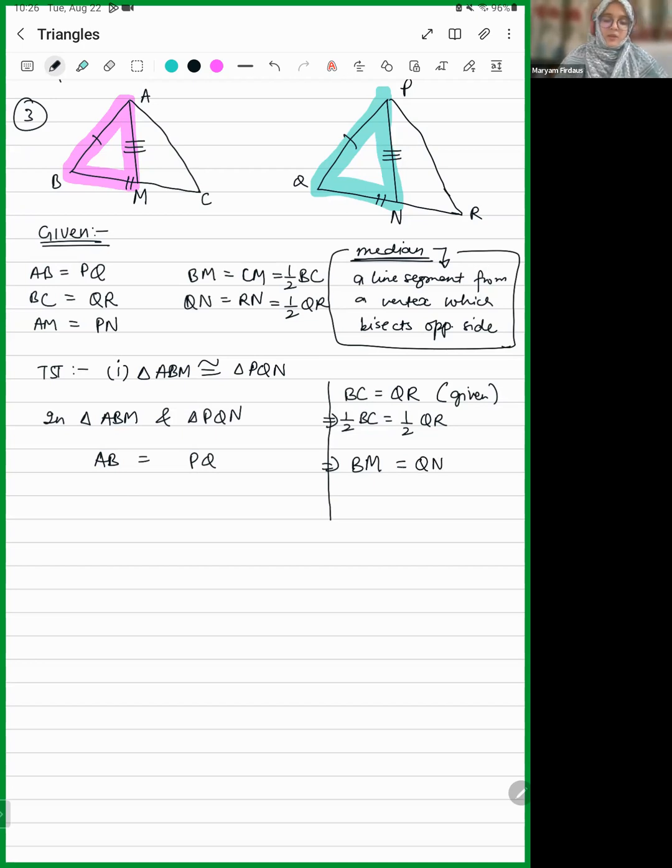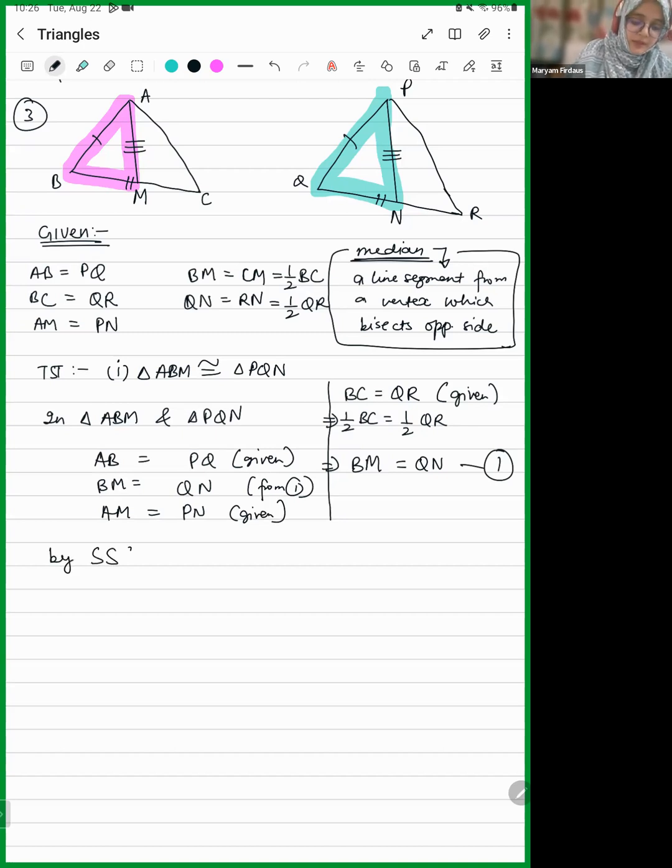So that we have gotten. Let's call it equation 1. So BM is equal to QN from equation 1. AM is equal to PN, again given. So by which rule are they congruent? This is a side, this is a side, this is a side. So by the SSS rule, they are congruent.